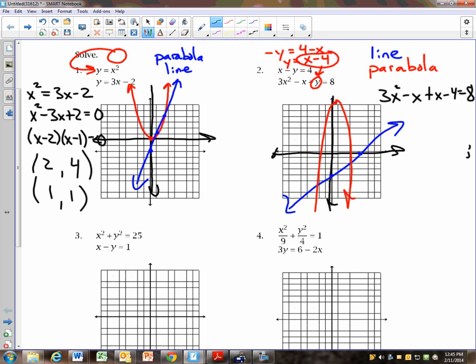The x's go away. I'm left with 3x squared minus 4 is 8. Add the 4. Divide by 3. Square root both sides. I get x is equal to plus or minus 2.